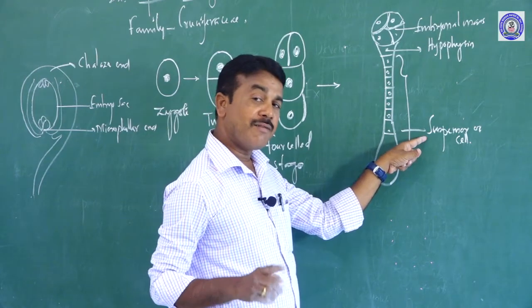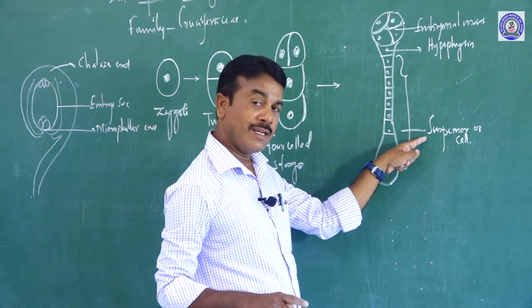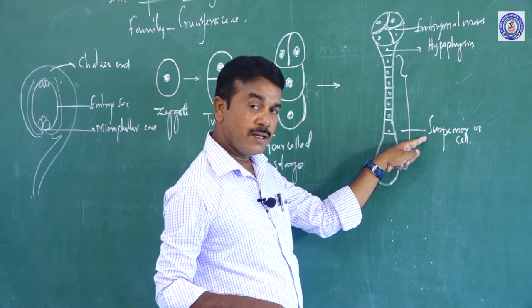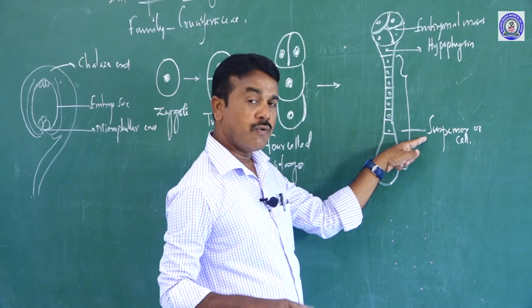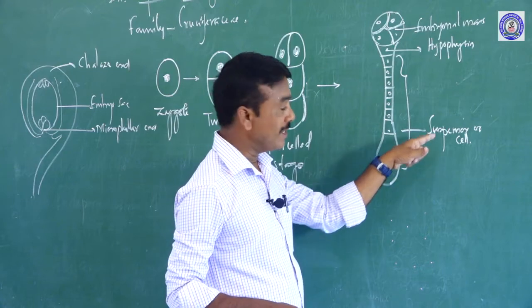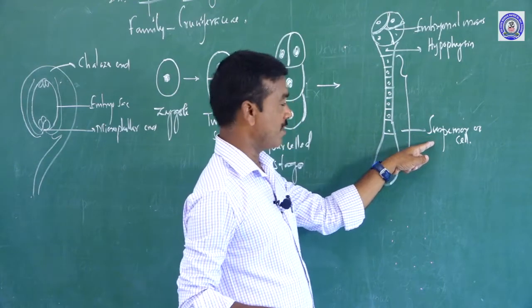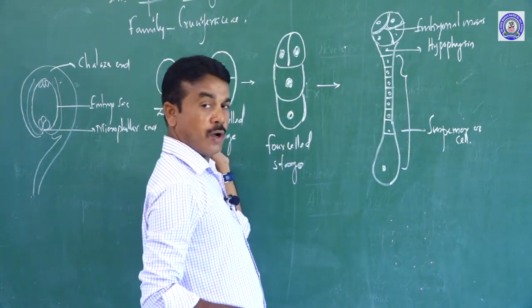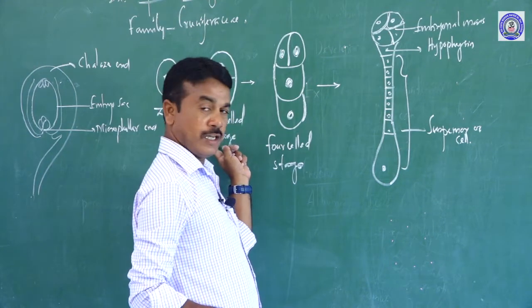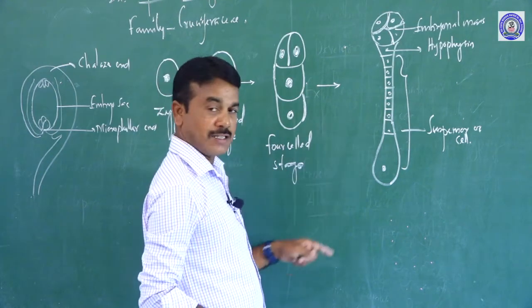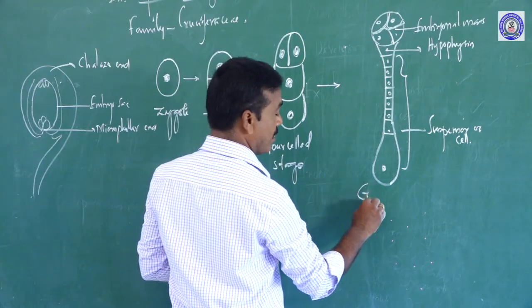It is a part of the embryo that provides nutritive support for the developing embryo. So we have the zygote, the two-celled stage, the four-celled stage, and the next is commonly called the globular stage.